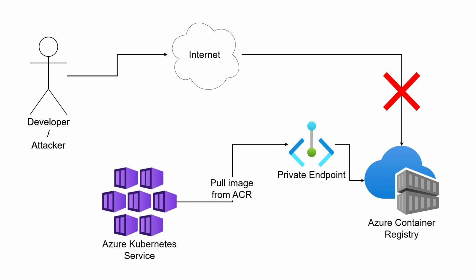And the solution for this would be to add a private endpoint to our container registry, and then the AKS cluster can download the images over a private connection. This means no internet is involved, and we also shut down the internet connection for potential attackers. So all our containers are safe.